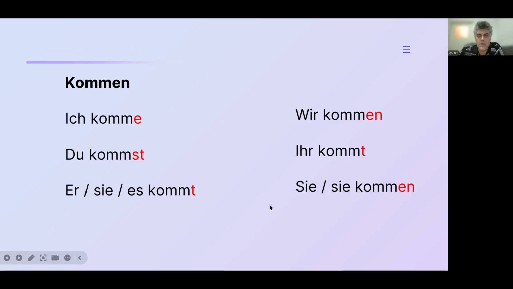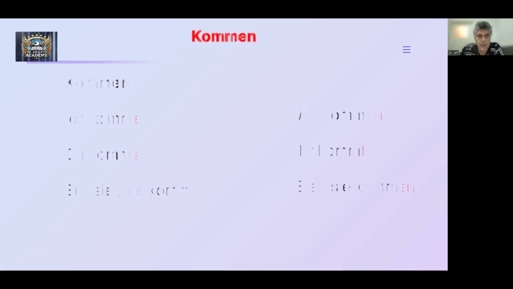Sie kommt is distinguished through the verb, and sie and Sie are distinguished through the capital. So it is not very difficult to distinguish them because we usually use the pronouns with the verbs.